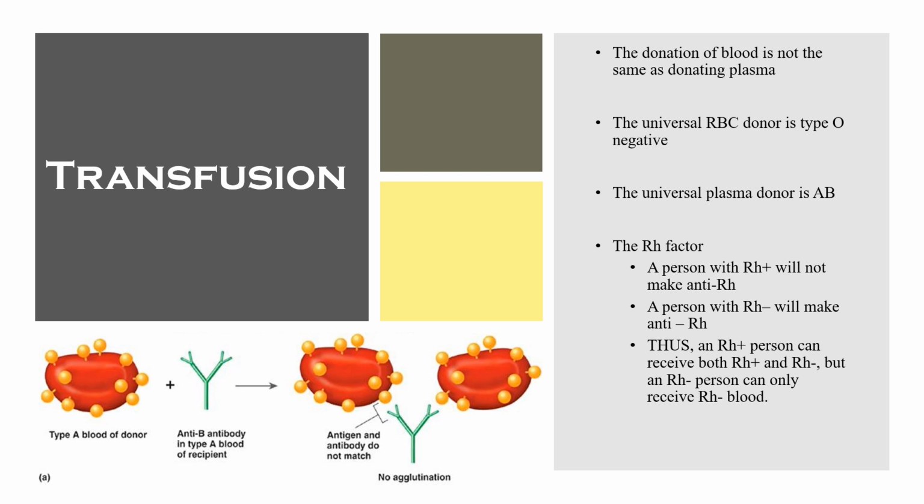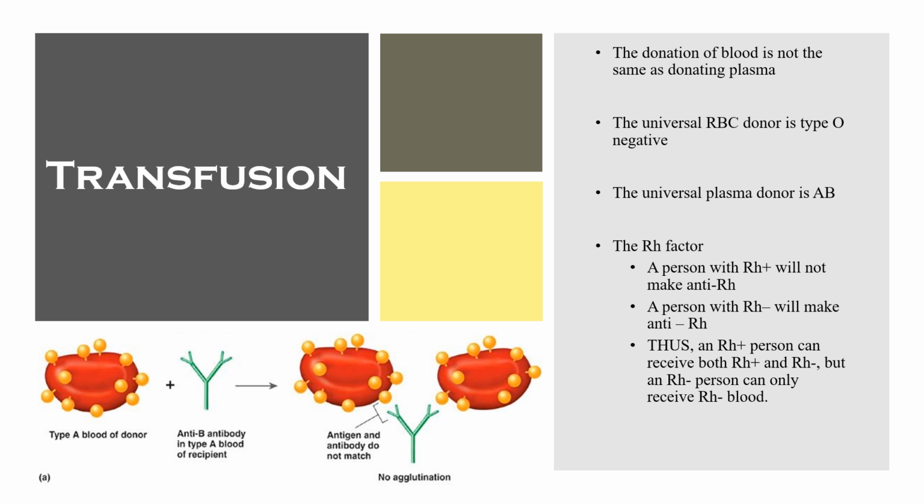So on the note of transfusion, I just want to make note that the donation of blood is not necessarily the same as the donation of plasma. For instance, the universal blood donor is type O negative. The universal plasma donor is type AB. And so here is why. Type O, right, has neither A nor B antigens.